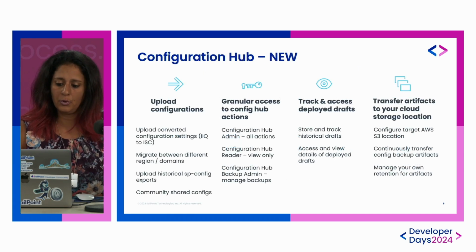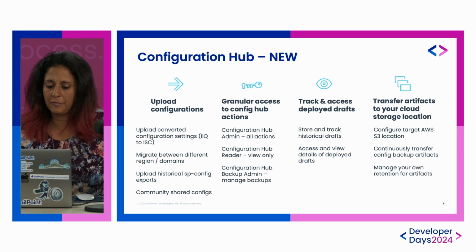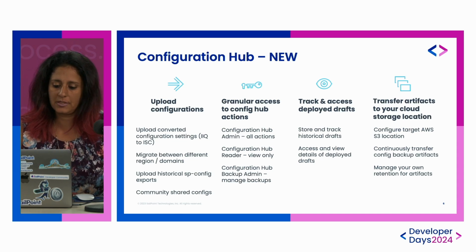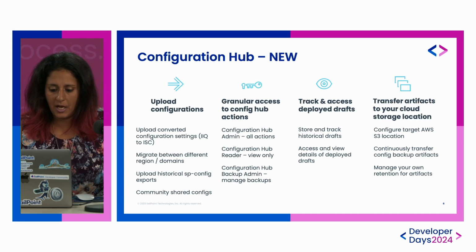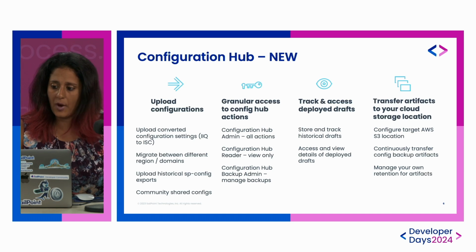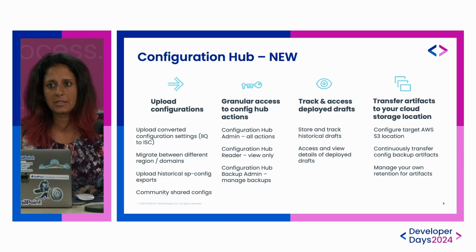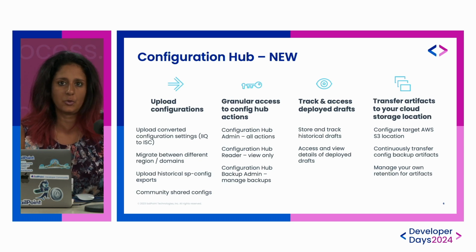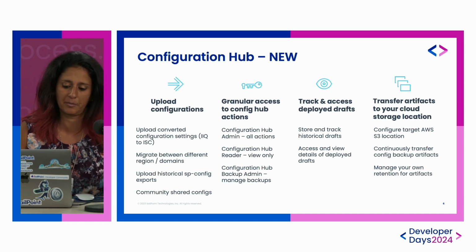Quickly go through these new features that we just launched in Q1 of this year. Upload, which I'm going to demo. The upload, again, is a way to bring in configurations to Configuration Hub when you don't have access to a tenant and you cannot do a tenant-to-tenant migration.